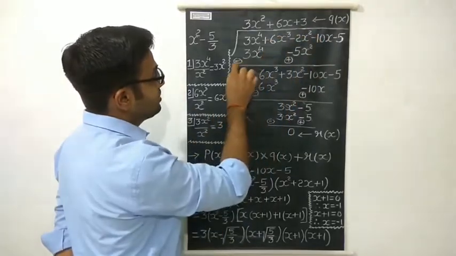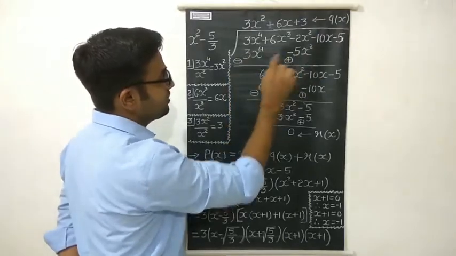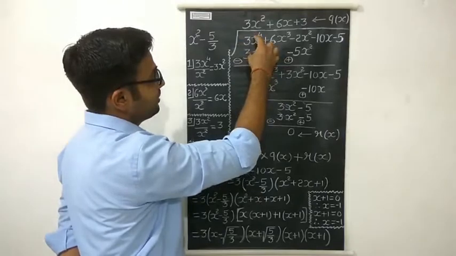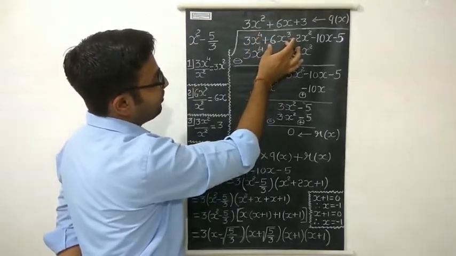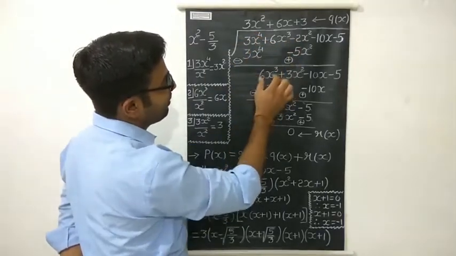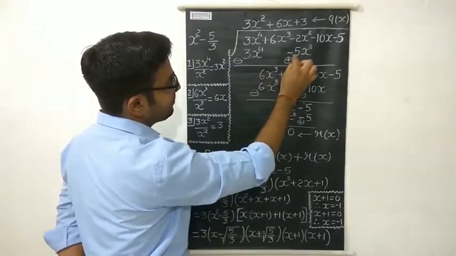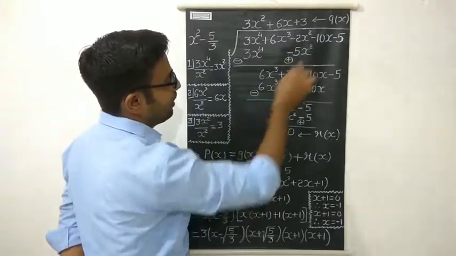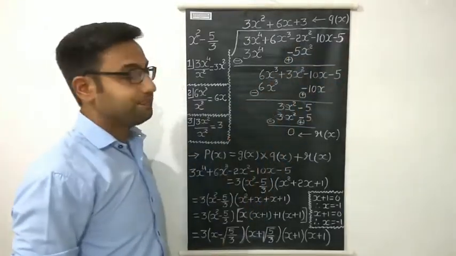Now we have to change the sign: this term will be minus, this term will be plus. By cancelling the plus and minus terms, we remain with 6x^3 plus 5x^2 minus 2x^2, so plus 5 minus 2 is 3x^2. These two terms remain the same.